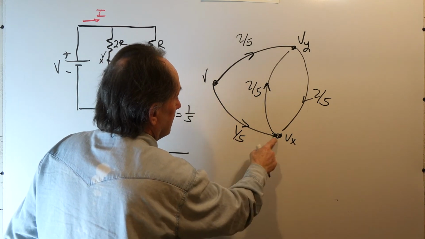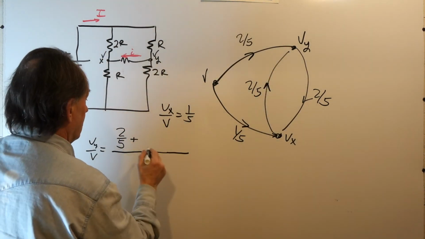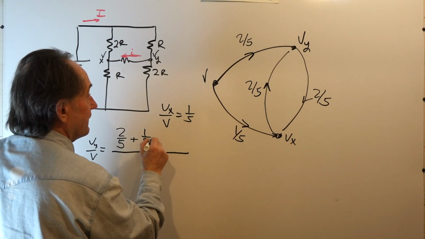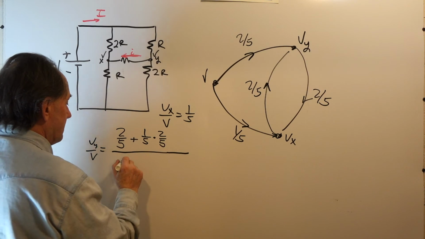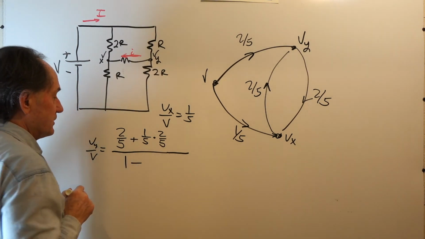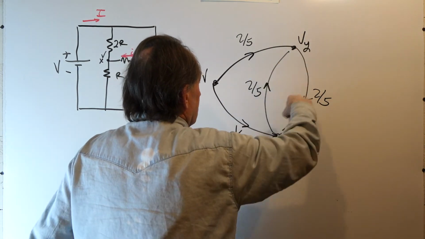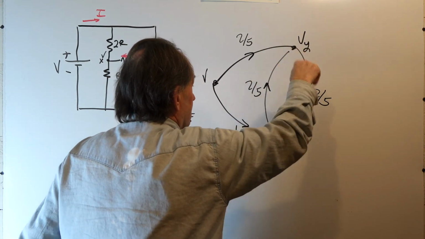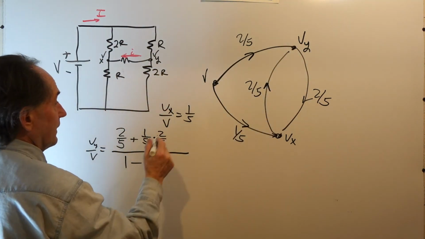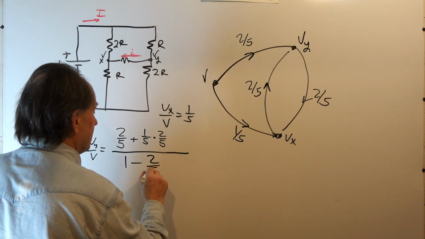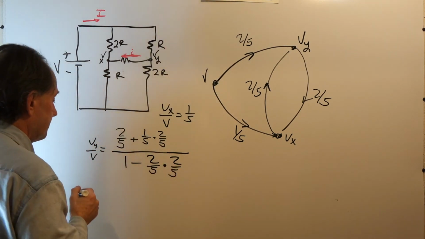Well, we can go along this to Vx, and then from Vx to Vy. So along this path, the gains are 1/5 times 2/5. And then we divide by the system function, which is the system loop gain, which is just 1 minus the gains of all loops taken 1 at a time, 2 at a time, 3 at a time. We only have one loop, so it's just 2/5 times 2/5 is the loop gain.